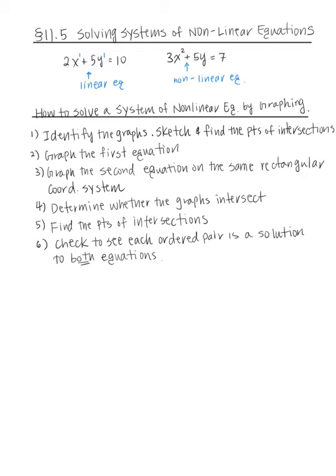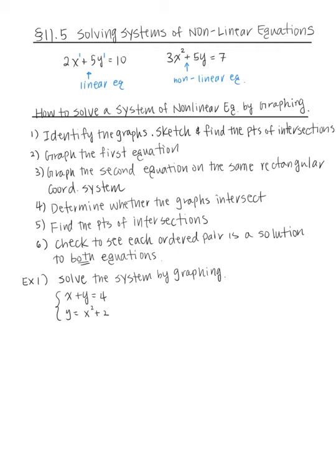Step 4, determine whether the graphs intersect. Step 5, then finally find the points of intersection. And step 6, check to see whether each ordered pair is a solution to both equations.